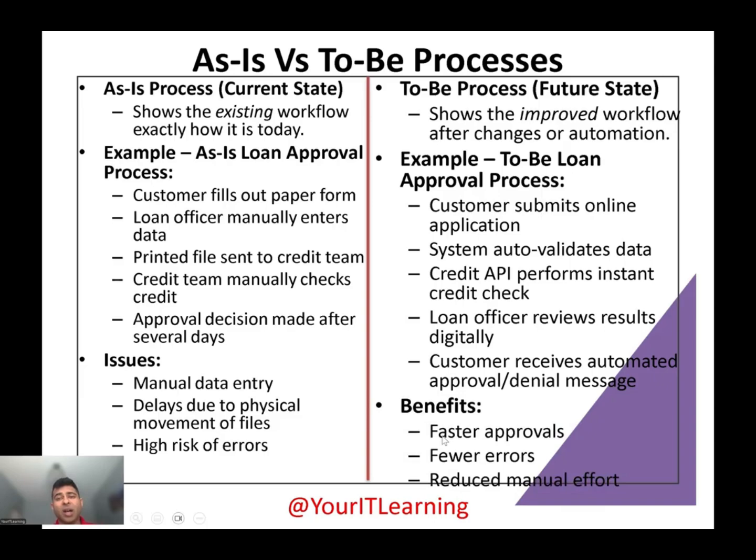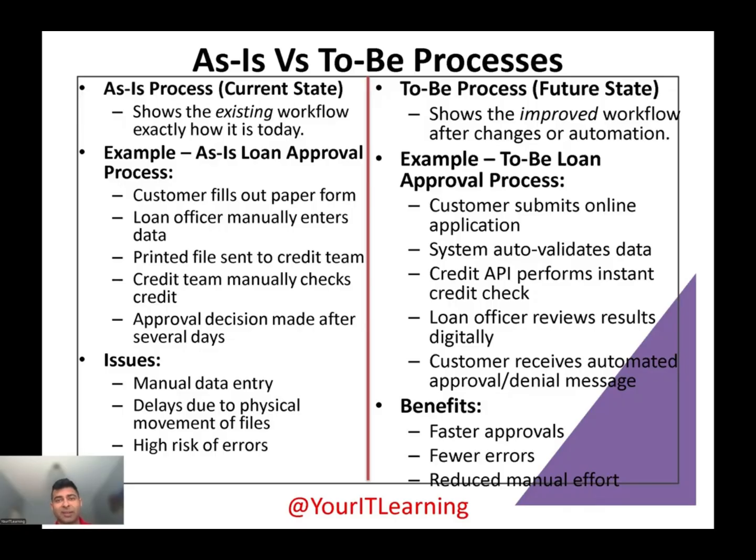What are the benefits of the to-be process? Faster approval, fewer errors, and reduced manual effort. So see the example of where we were at the current state and what we want the future state to be. This loan application process is a perfect example of how a business analyst creates an as-is versus to-be process.